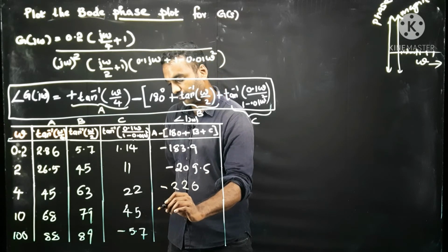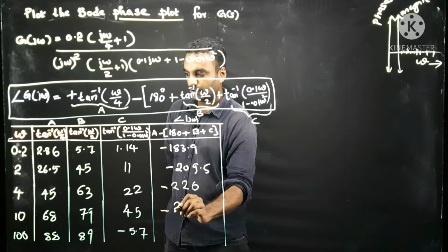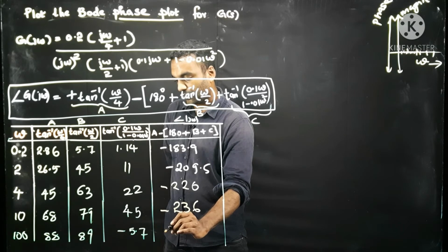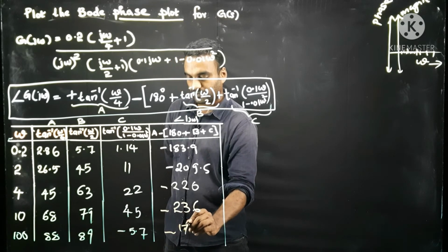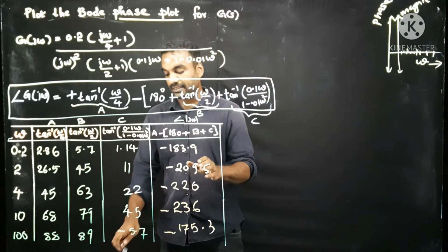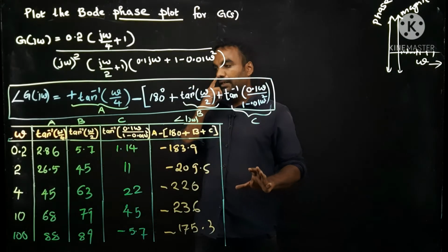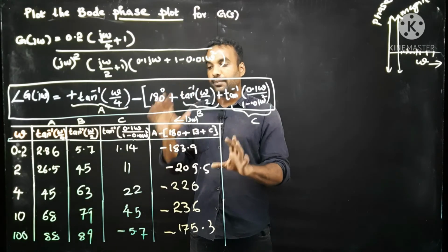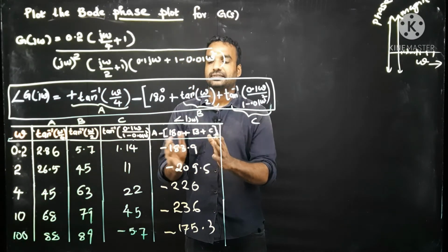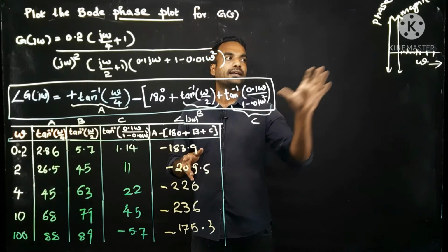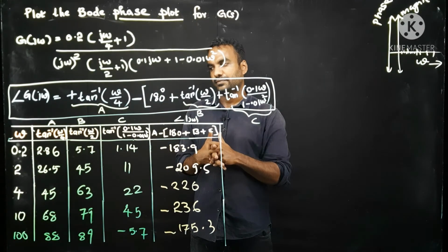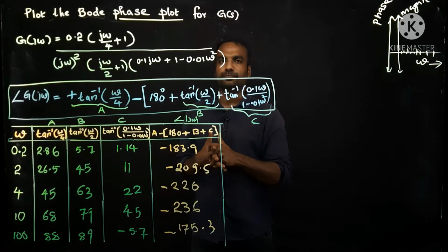When omega is equal to 10, you will get minus 236. When omega is equal to 100, you will get minus 175.3. So this is the table for drawing omega or frequency versus angle, and that can be plotted in the same sheet. Then you can complete the phase plot.